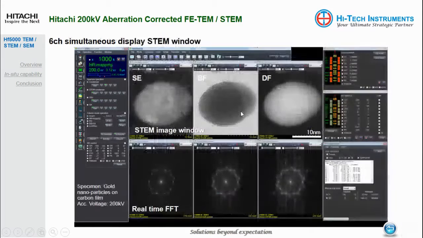And for this model, you will simultaneously display 6 channel STEM windows. This is a SE imaging, bright field imaging, dark field imaging with their corresponding FFT images. Yep.